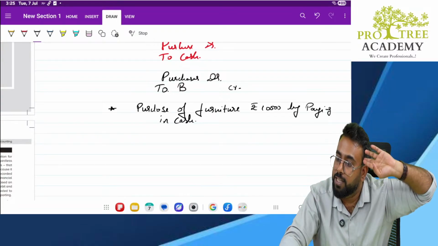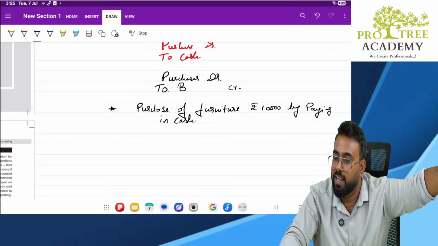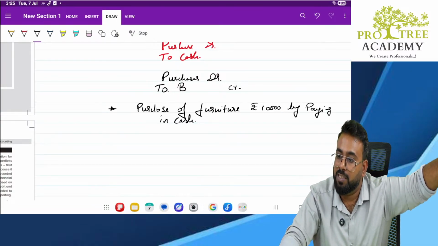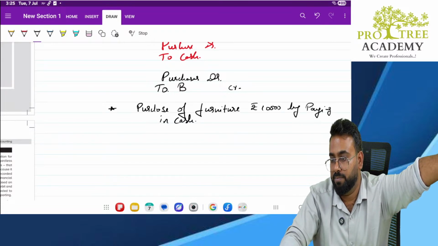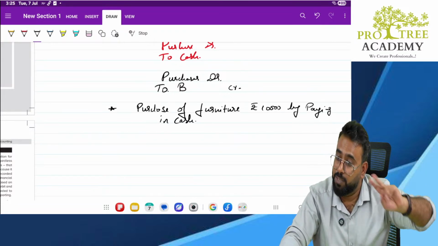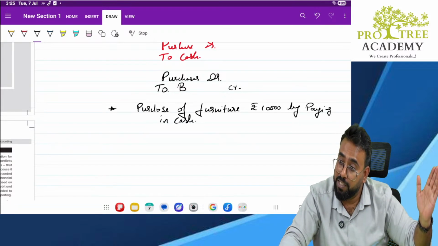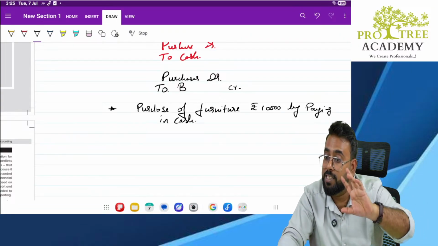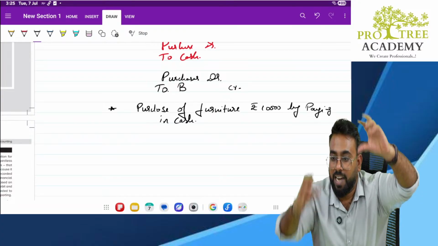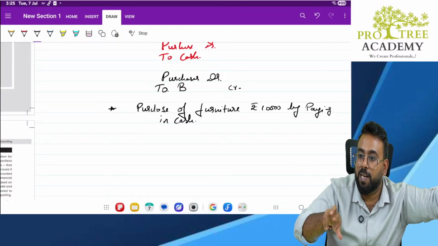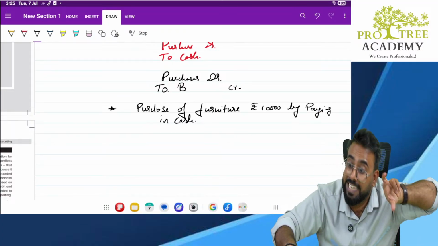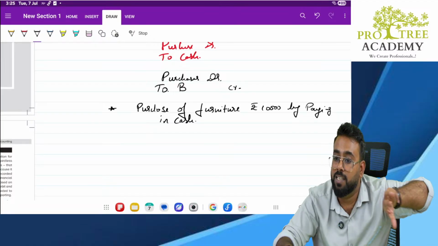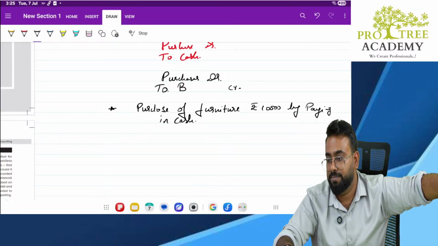So whenever it is fulfilling the definition of asset, it is going to be classified as an asset. Clear, everybody? So expenditure can be of two types: capital expenditure and revenue expenditure. This purchase of furniture fulfills the expenditure definition, but under that, will it fulfill capital expenditure or revenue expenditure? It will fulfill capital expenditure. That is, capital expenditure is nothing but the asset definition.